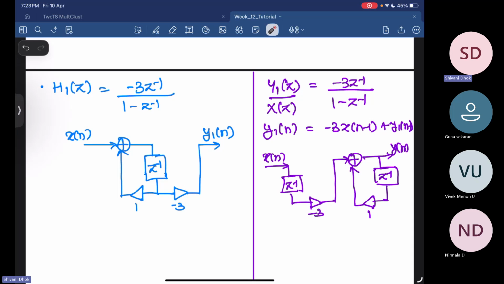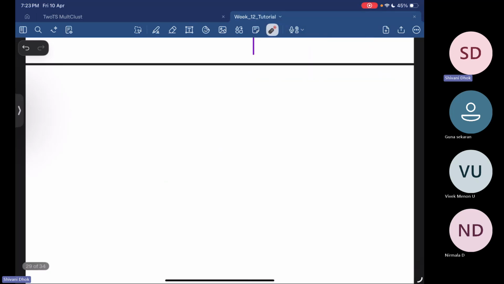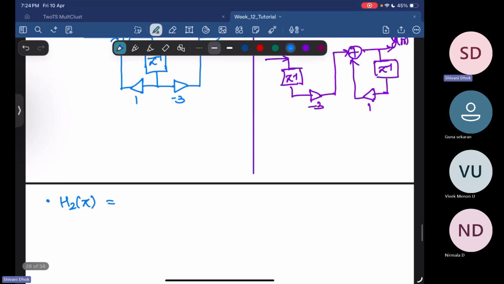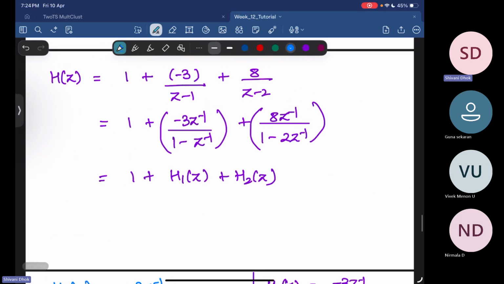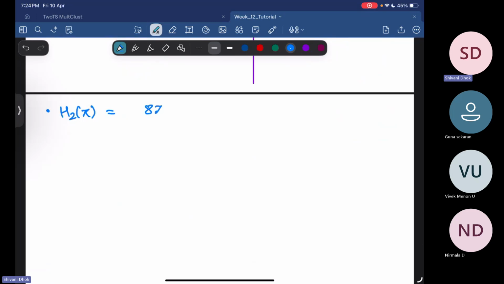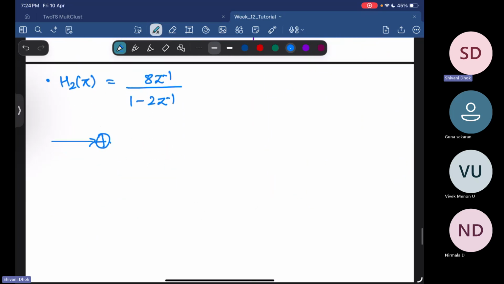Okay. Similarly, you can construct your h2 of z. h2 of z will be in similar fashion. So your h2 of z is 8z inverse upon 1 minus 2z inverse. So first we'll construct again the denominator. Now this will be very similar to what we have here with different gains.